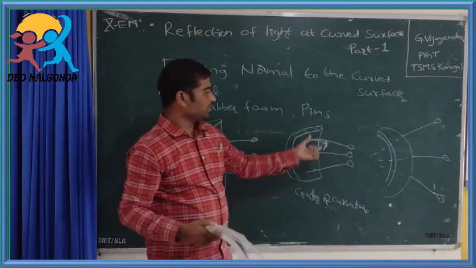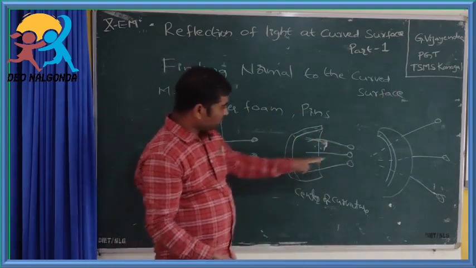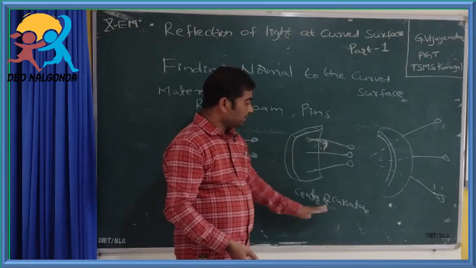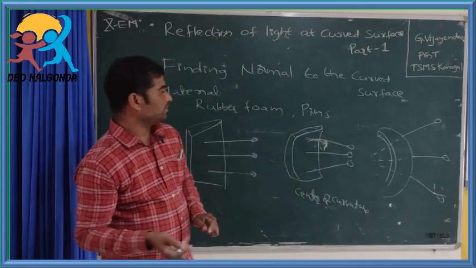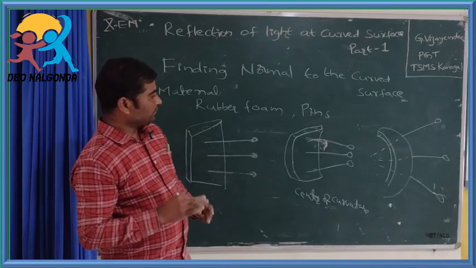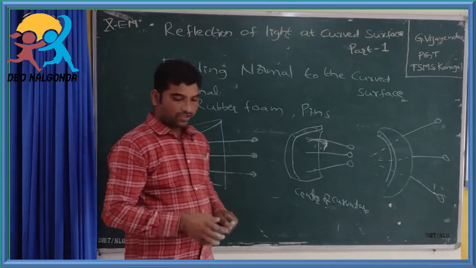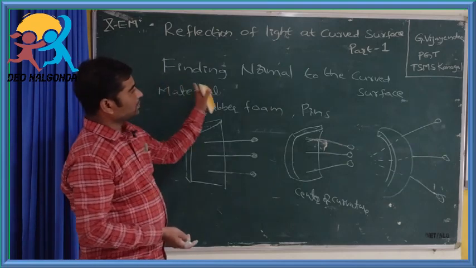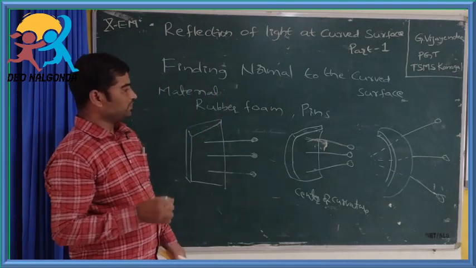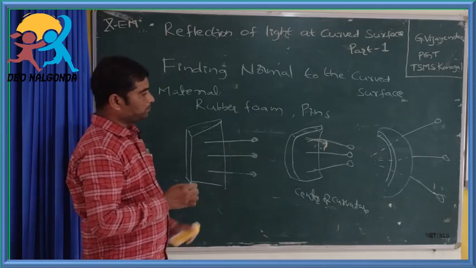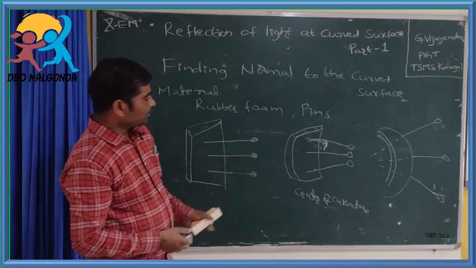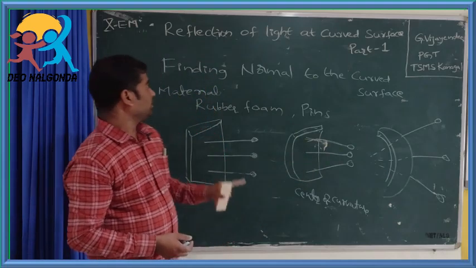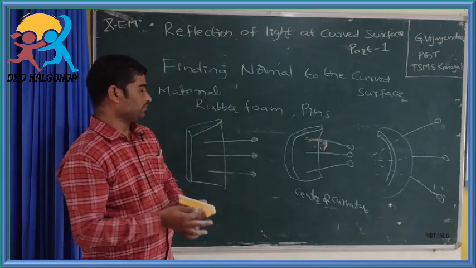Still these pins are showing the normal, and the converging point of these normals is called the center of curvature of the curved surface or spherical surface. So, in conclusion, to find the normal to the curved surface or spherical surface, we simply draw a line from the center of curvature to that point, which gives the normal to the curved surface.